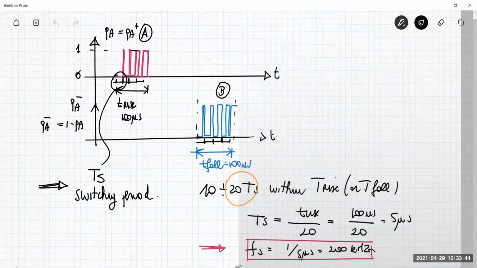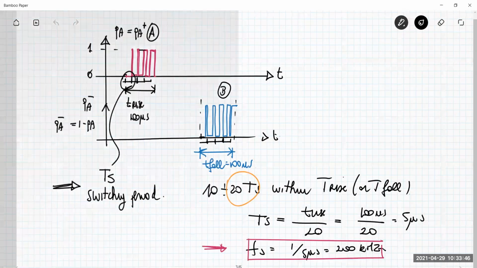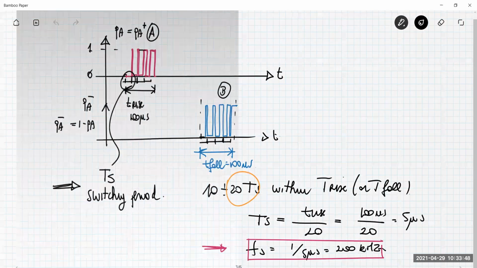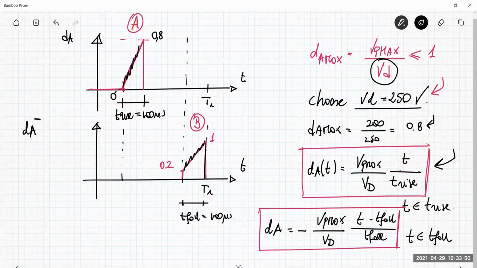This one, VP max over VD is 0.8, is this one. And so we have this 0.8 divided by T rise, which is 100 microseconds.